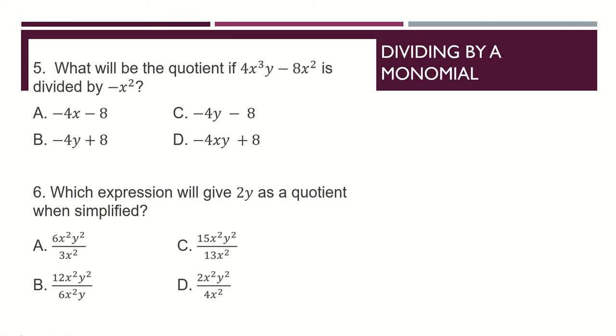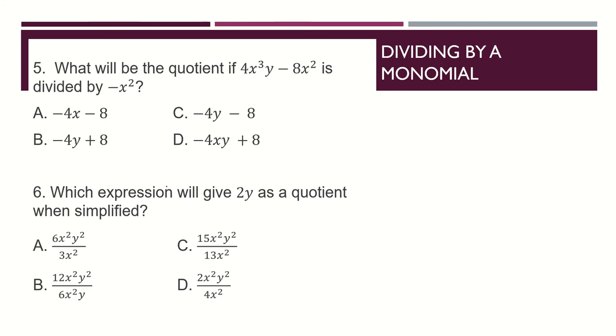Okay, so, one way that the question will be presented, what will be the quotient if 4x cubed y minus 8x squared is divided by negative x squared? So, the question is presented na in this way.